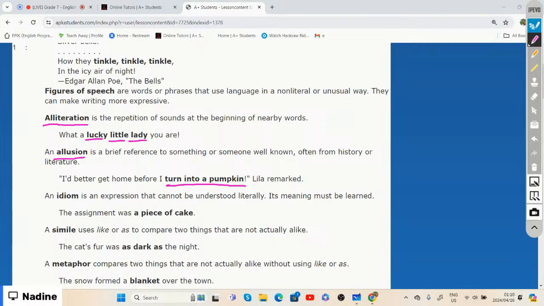Then we have an idiom. And an idiom is an expression that cannot be understood literally. It is not a literal meaning.